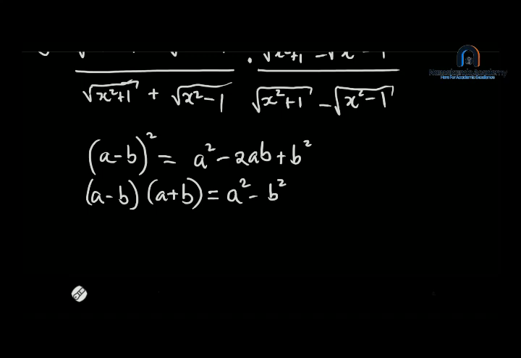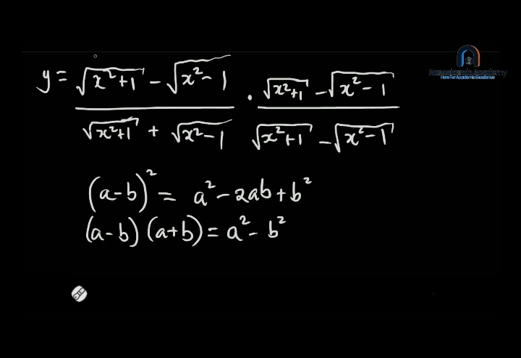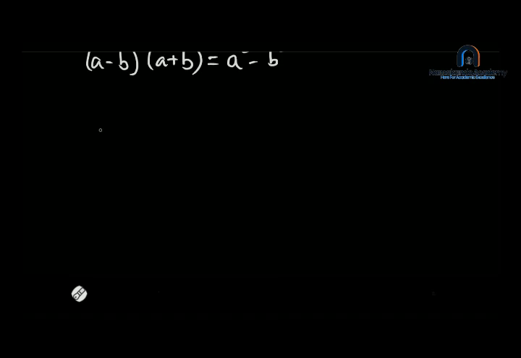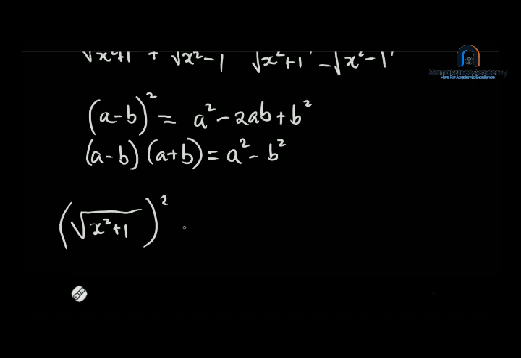So now let's apply this. We'll let the first part be a, then minus, this will be b. The first part gets squared, so we'll say square root of x squared plus 1 squared, as a substitute for a.